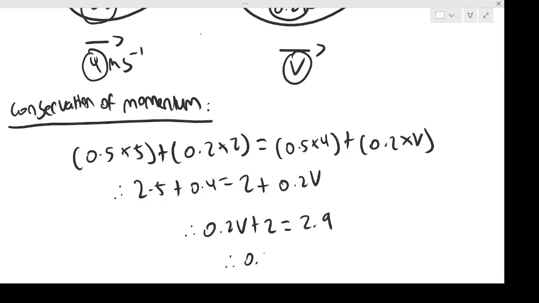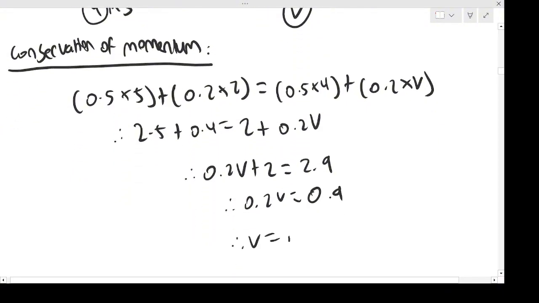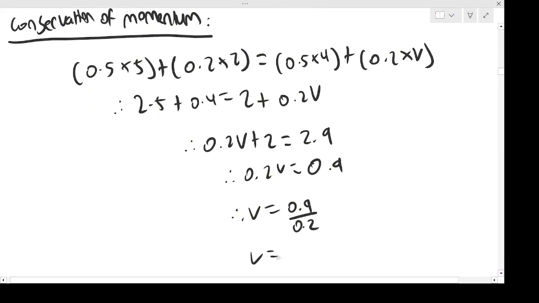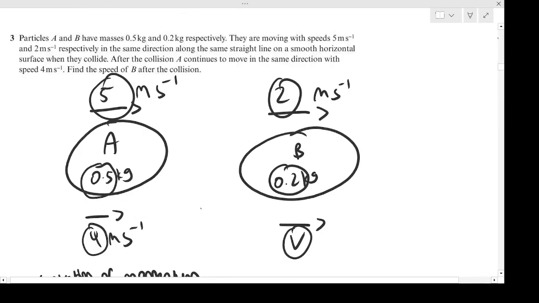Then 0.2 V, subtract 2, I get 0.9. Then if I divide by 0.2, I get V to be 4.5. And that is the speed of B afterwards.